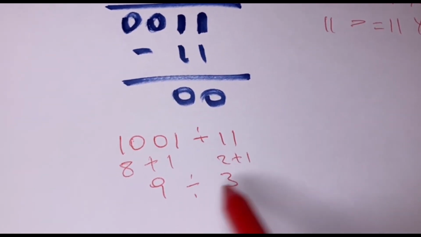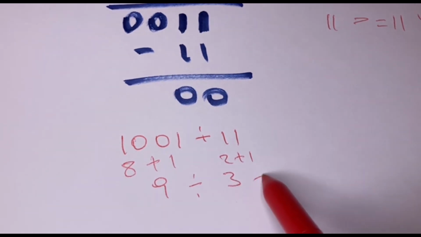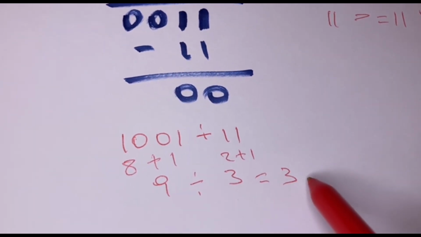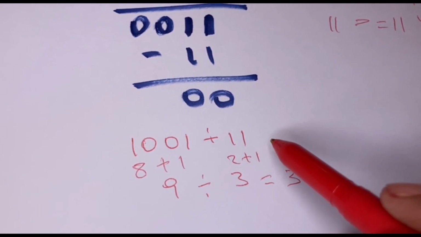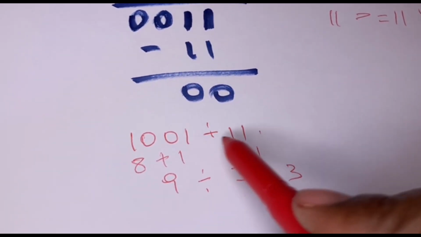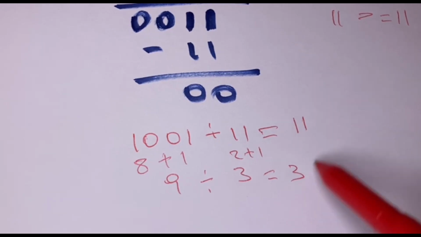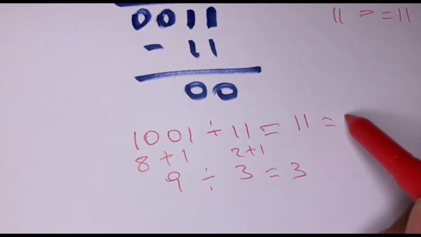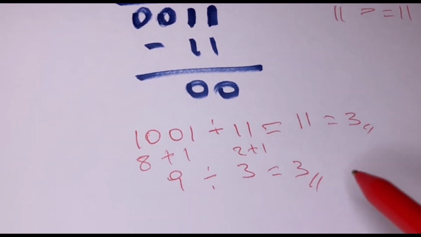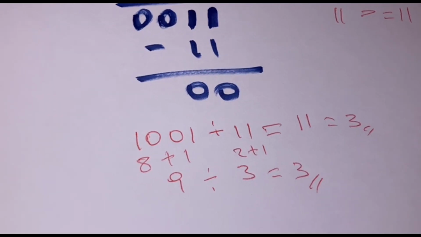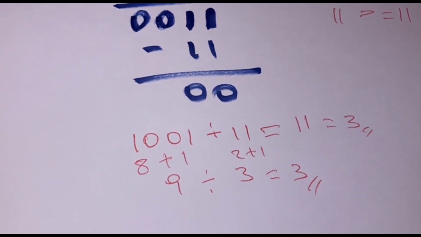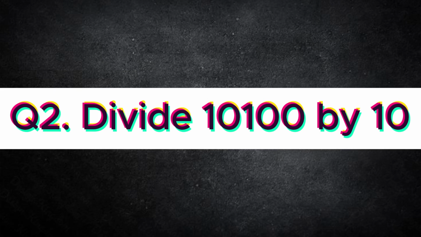So 9 divided by 3 is 3. So 1, 0, 0, 1 divided by 1, 1, we get 1, 1. The binary number 1, 1 is also 3. Therefore, our work is correct.